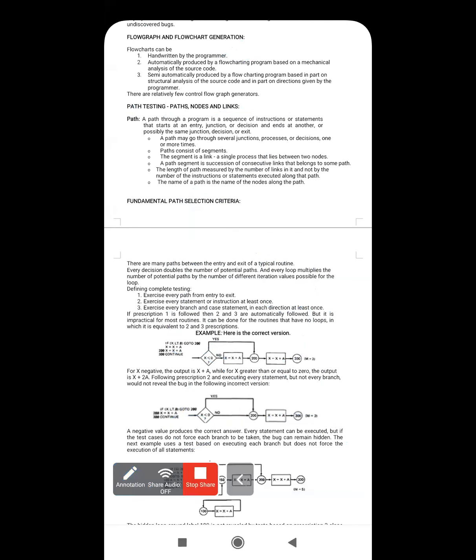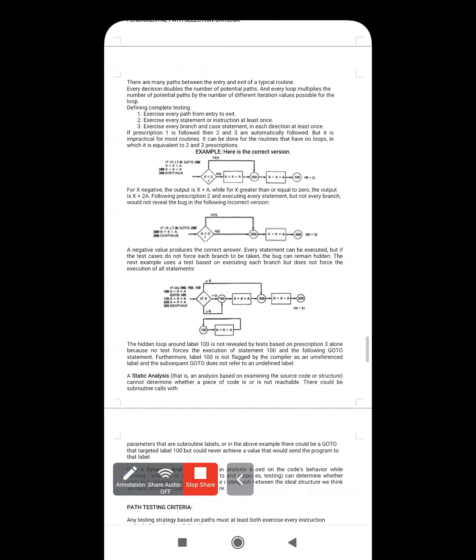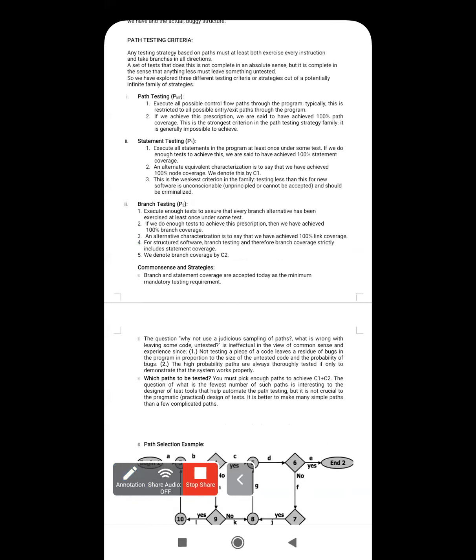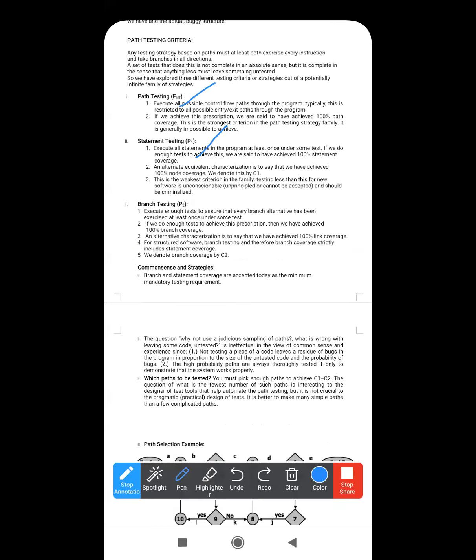Next one. Path testing criteria. Here, path testing, statement testing. Path testing means the flow where it starts and where it ends. I already drew an example. This is the path where it starts from the root node to the leaf node.